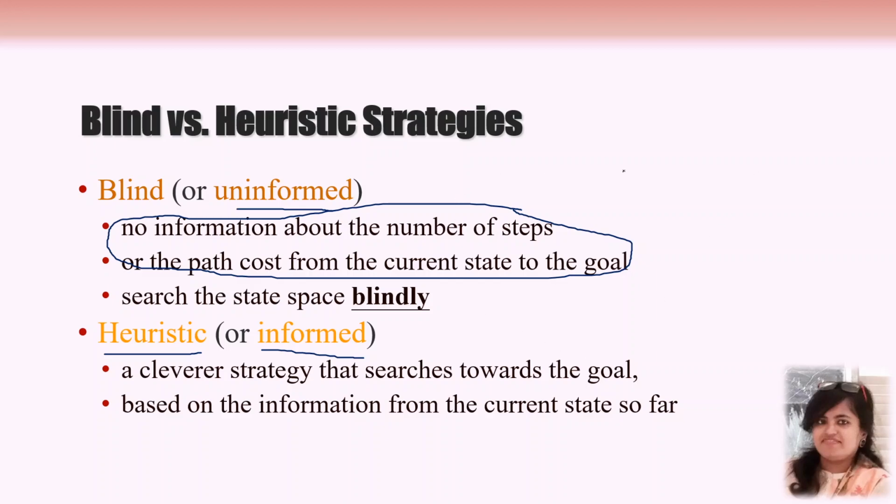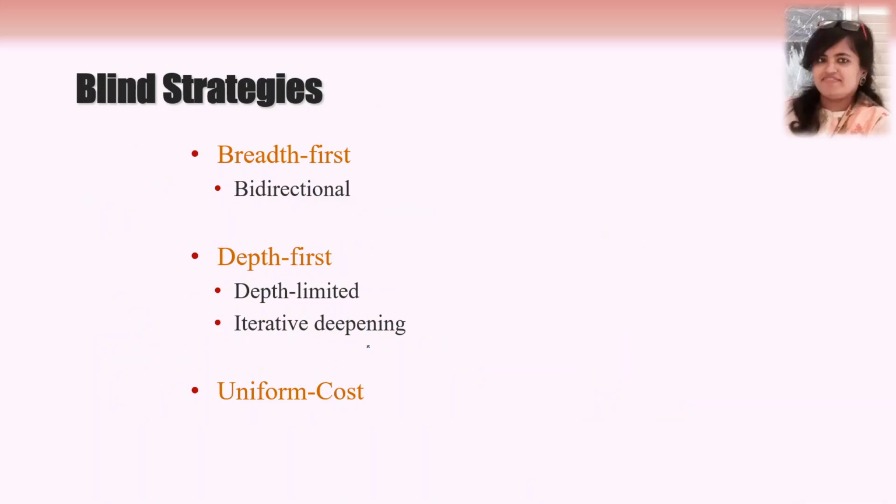Currently you must concentrate on blind searching, where this information, that is the number of steps and the path cost from the current state to the goal state, is not available. If those are available, then those become the heuristic or informed ones. Okay.